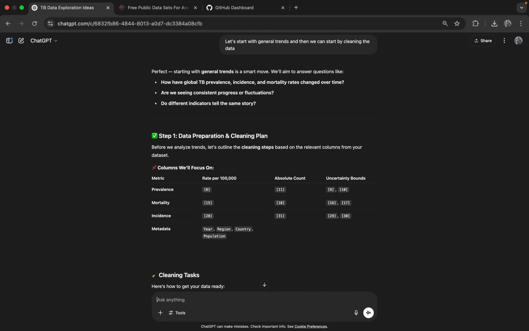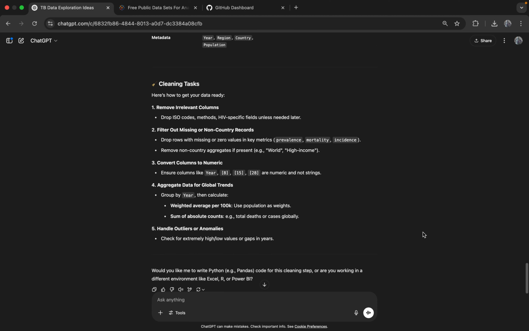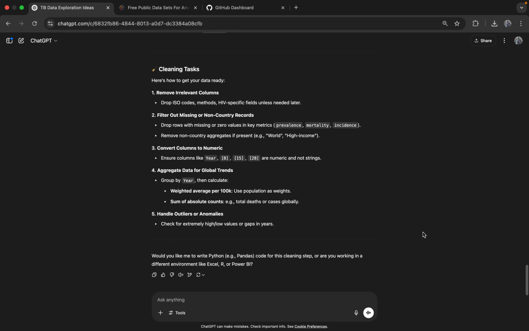The cleaning steps that ChatGPT suggests focus on prevalence, mortality, incidence, and also the metadata such as year, region, and country. It gives a very quick summary of the cleaning tasks we can look at: remove irrelevant columns, filter out missing or non-country records, convert columns to numeric, and aggregate data for global trends.